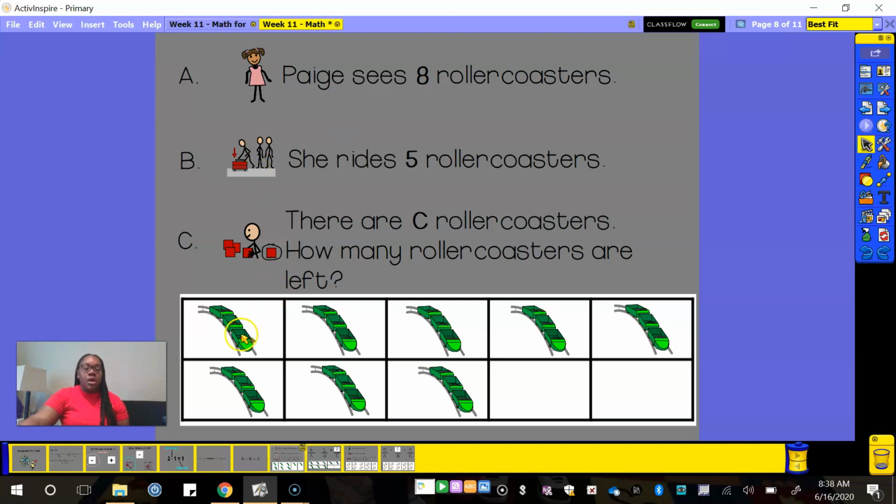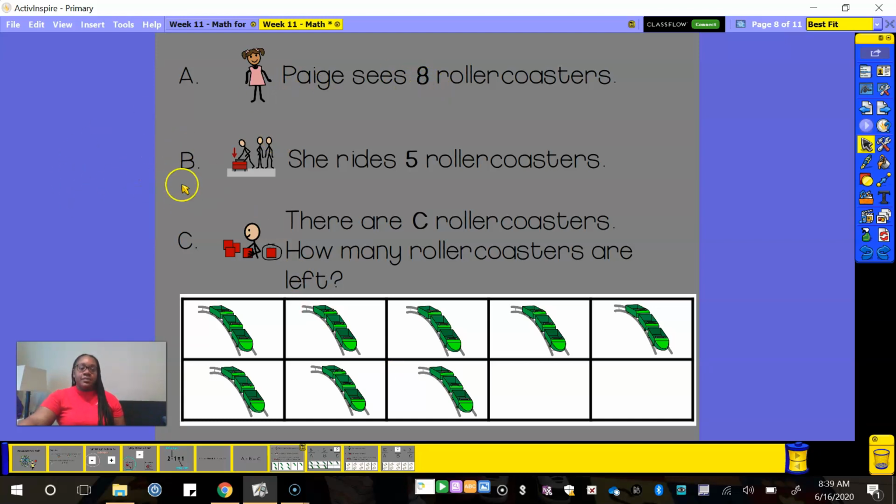Here we go. 1, 2, 3, 4, 5, 6, 7, 8. I'm going to stop right there because there's nothing else in my tens frame. I only count what I have, right? And so I counted 8, and it said that Paige sees 8, so that means our amount is correct.